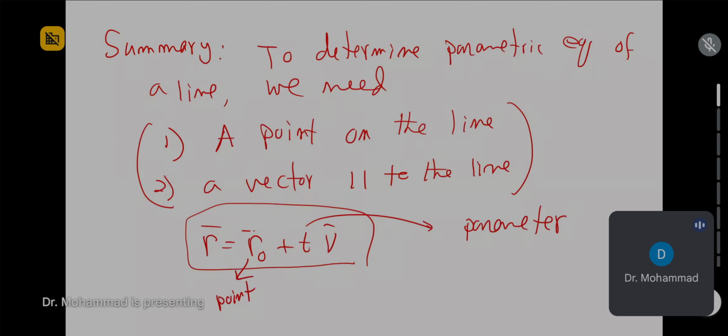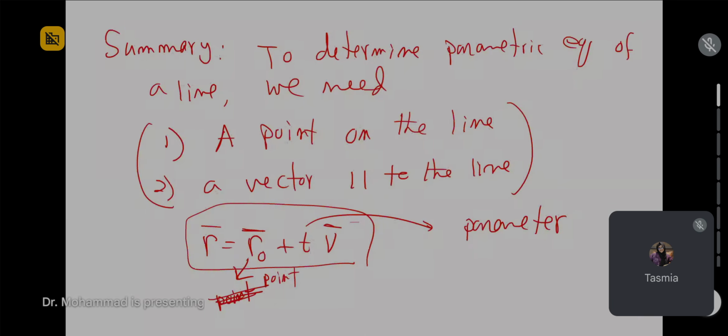R naught is also a vector. Even though it is a point, it is a vector. So R equals R naught plus TV. But T is not a vector. T is simply a parameter. It must be a scalar quantity, this T.